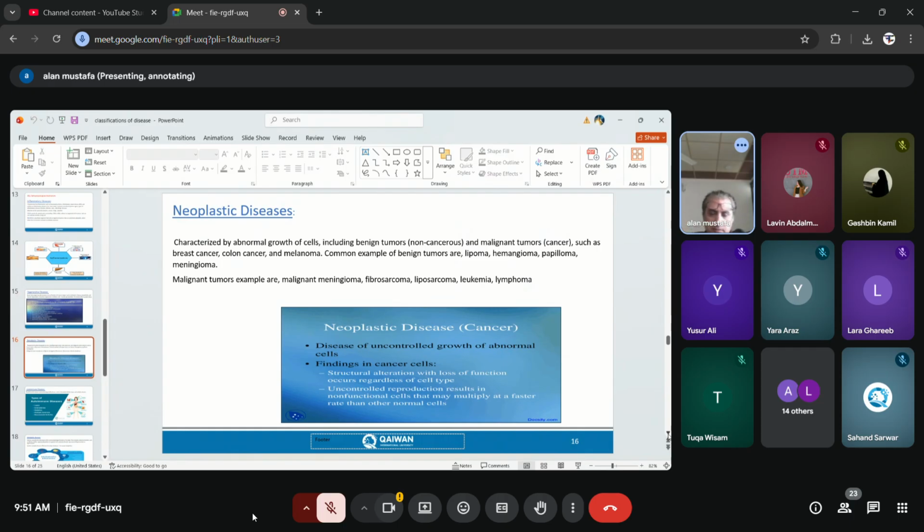And lipoma is a benign tumor. Hemangioma is a benign tumor. Papilloma is a benign tumor. So you have to know these names. If I ask you to give me examples of benign tumors, you have to write lipoma, hemangioma, papilloma, meningioma.